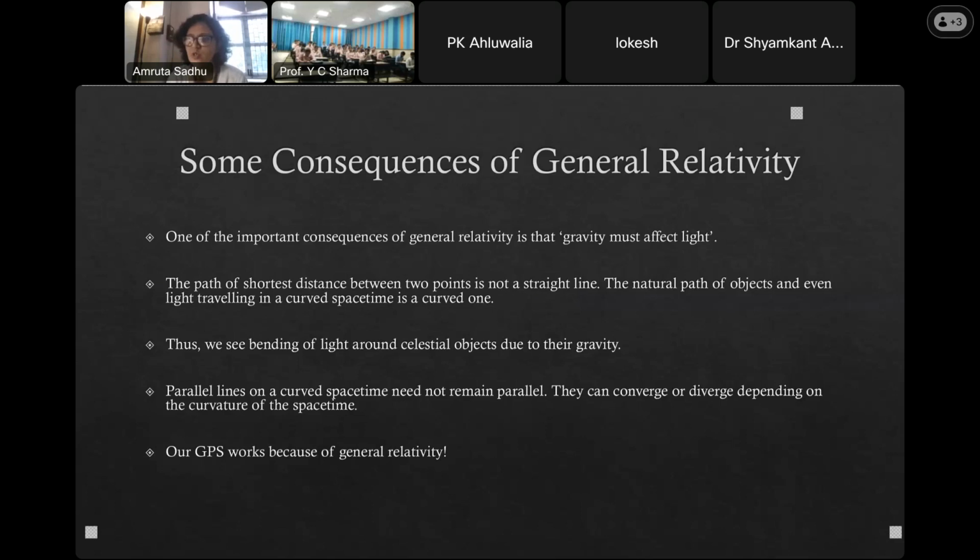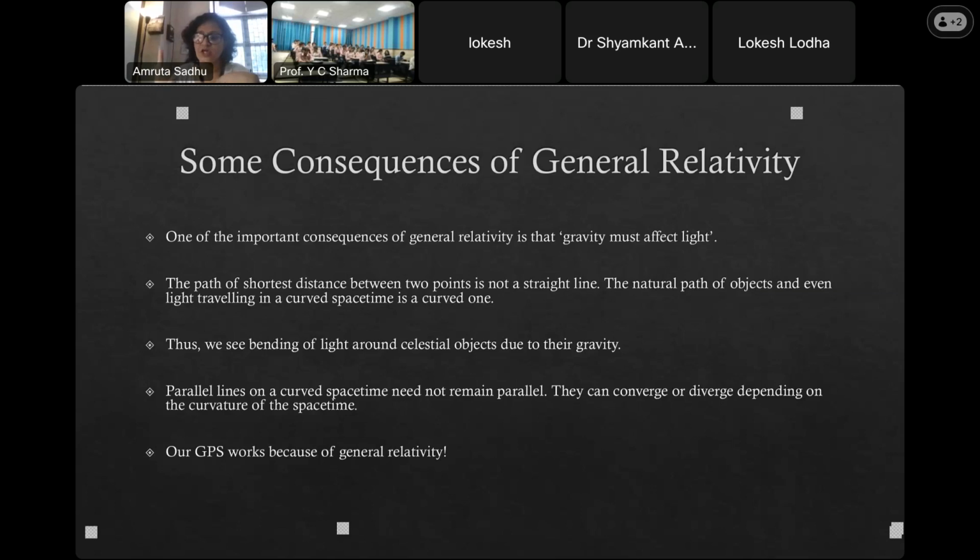But now imagine that the path you're walking on is a dome, or a mountain. Then the shortest path is not a straight line. You will have to go some curved way.